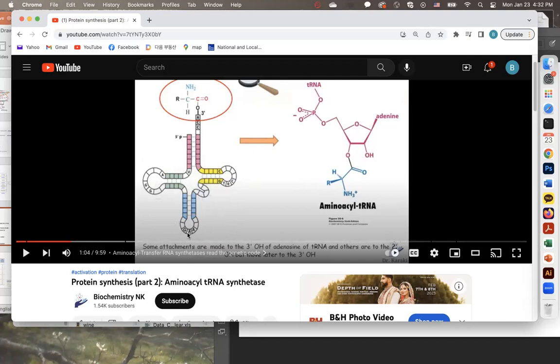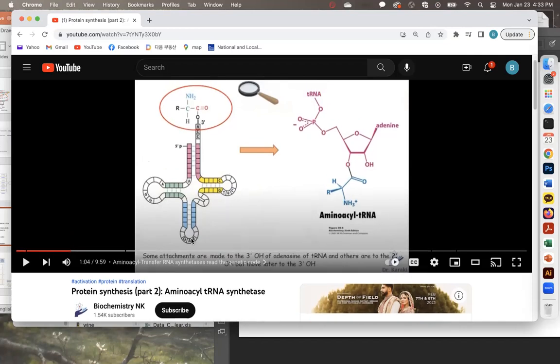Anticodon is a reverse complement of the codon. Okay. So the codon sequence will be attached to this anticodon sequence because they are complemented with each other. And then depending on what codon or anticodon you have, it'll bring in or attach a particular amino acid. So from the codon to amino acid, there is a particular mapping, and that is the genetic code that we have. So you can take a look at this video later on.